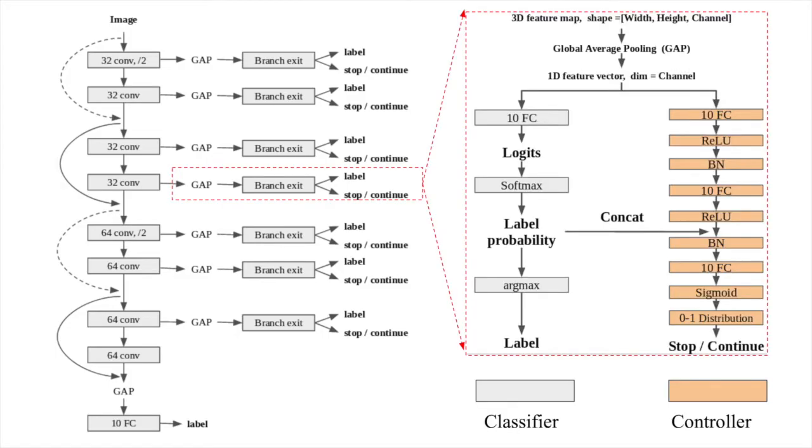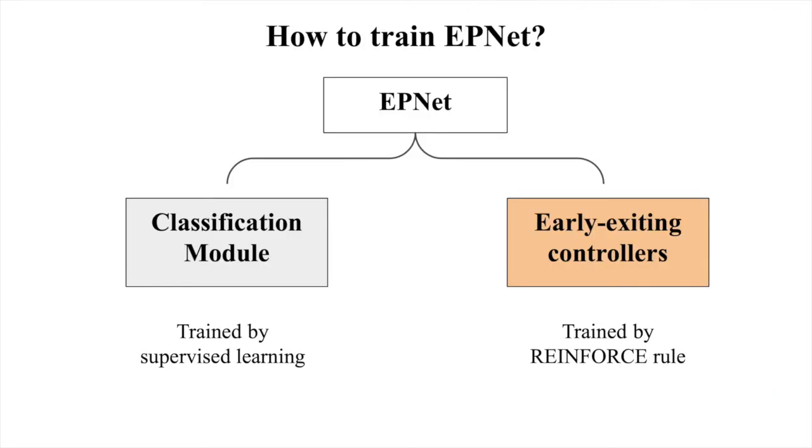The details of a branch exit are shown on the right side. We use gray to denote the layers belonging to the classifier module, and orange to denote the layers in the early exiting controllers.